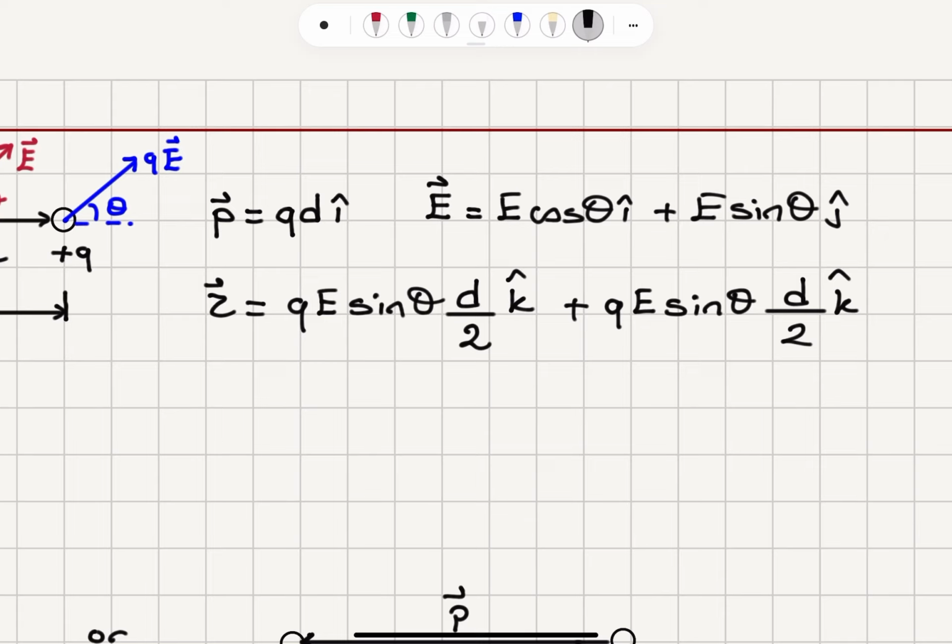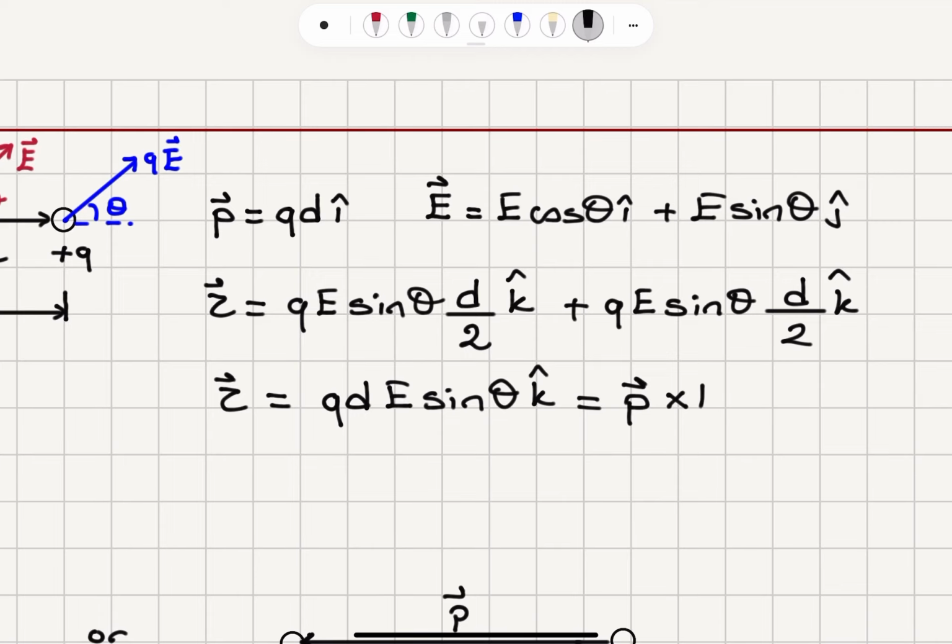All right, and now what is the net torque? The net torque is then, because I have twice the same quantity and this is d over 2, it will become d. So it is qd multiplied with E sine theta in k hat direction, which is something we recognize.